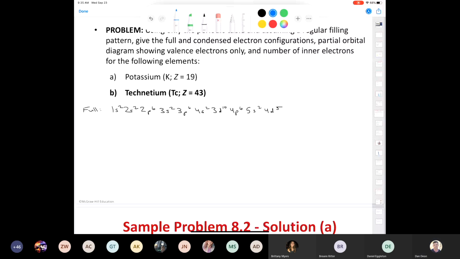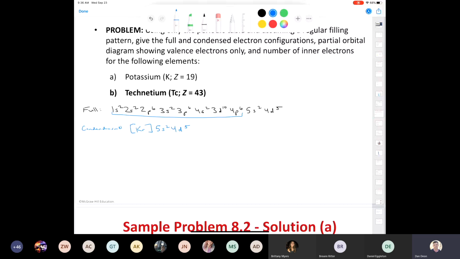Absolutely. Good. So we want to do the condensed. Thanks, Matthew. So we have krypton. We're going to go all the way up to here. That covers krypton, so we have krypton in our square brackets. We have 5s2, 4d5, like that.